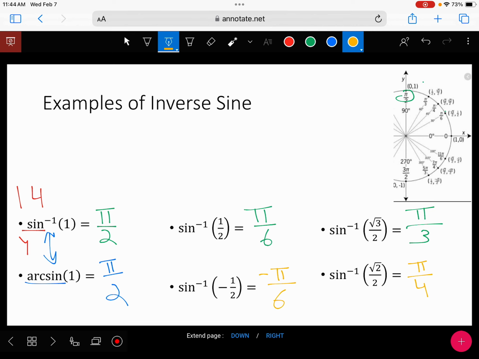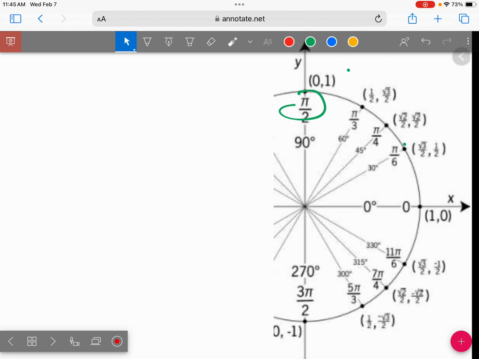And I need to find in quadrants 1 or 4 where my y coordinate is going to be negative 1/2. I find by looking at my unit circle that the y coordinate is negative 1/2 right there. So we need to figure out the angle measure.